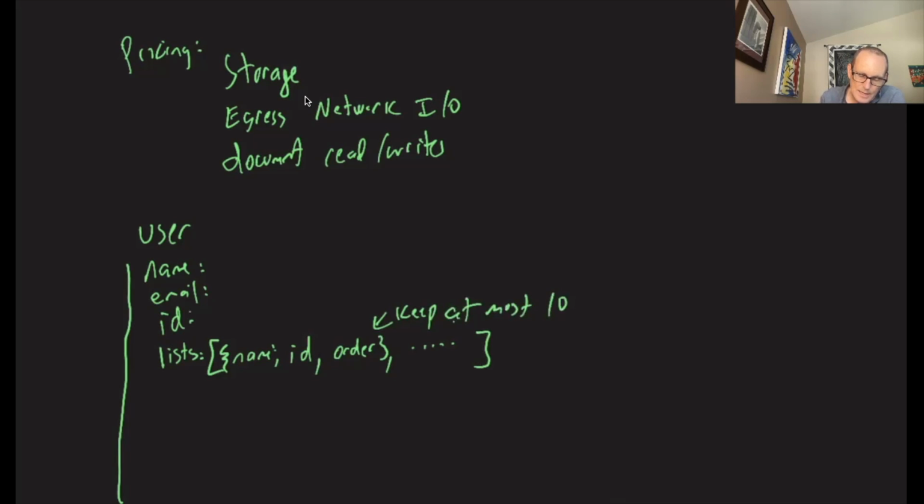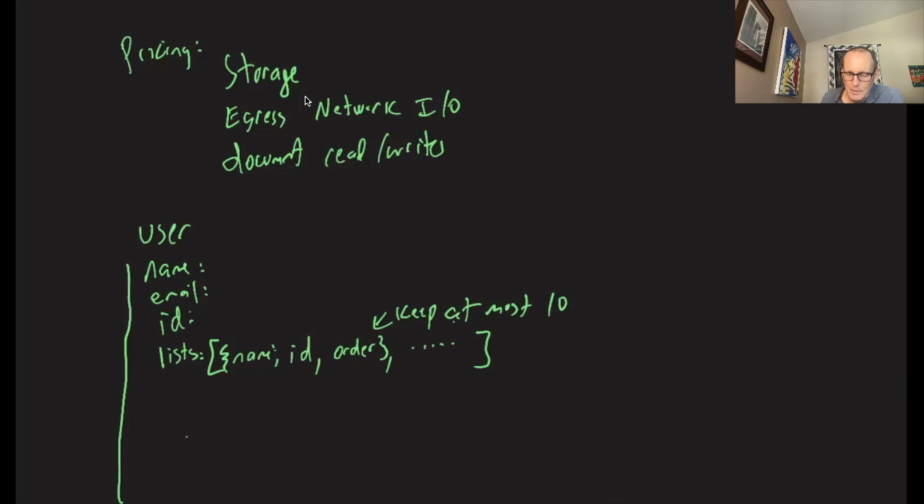And the idea then is when we bring up a user, we have already their name, their email, their ID, and we have the 10 lists that we might need to display on the front screen. So that allows us to display on the front screen everything we need with 1/11th the number of documents returned.